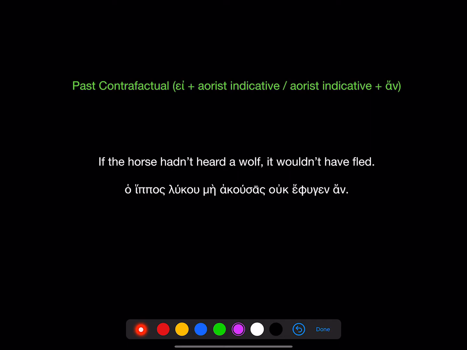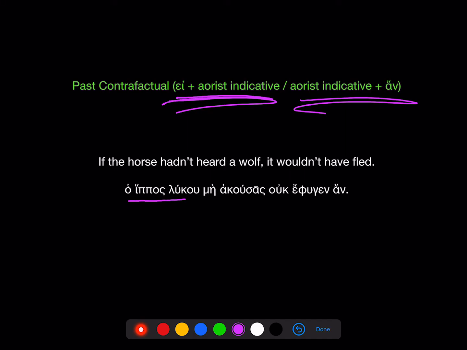Remember, a past contrafactual condition would have εἰ plus the aorist indicative in the protasis, aorist indicative plus ἄν in the apodosis. So if we're going to replace this protasis with a participle, get rid of the εἰ. Ὁ ἵππος λύκον μὴ ἀκούσας οὐκ ἔφυγεν ἄν. And this time I went with the aorist participle again for simple aspect. If the horse hadn't heard a wolf, it wouldn't have fled.